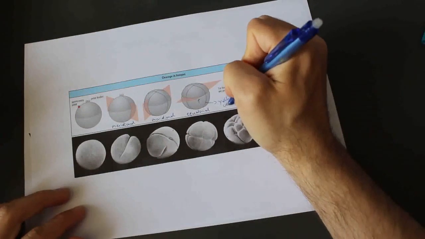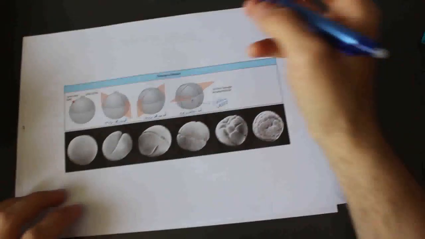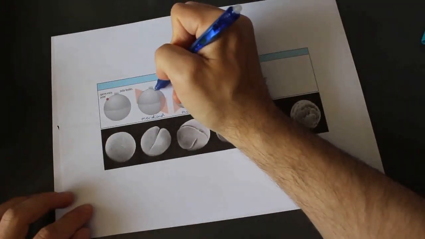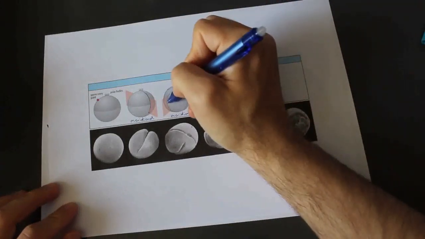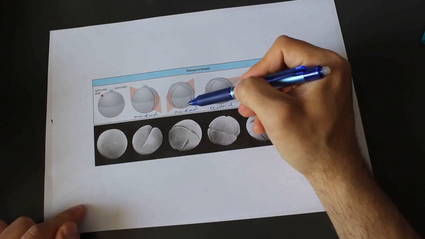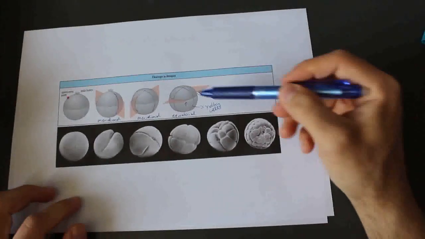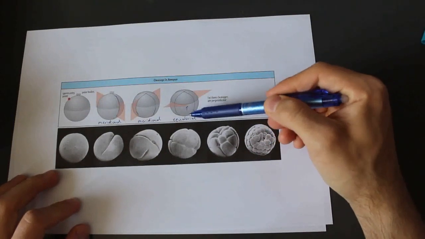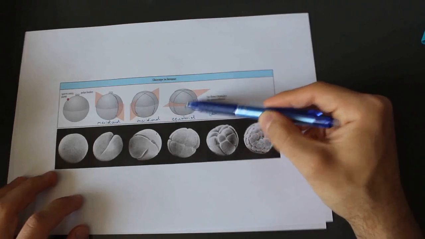And yolk in general interferes with cleavage. That means, for example, you have a fast cleavage here, and here it gets slower, and here as well, because on the vegetal pole we have a lot of yolk, and yolk interferes with cleavage. Here it interferes in a way that it pushes the line upwards.